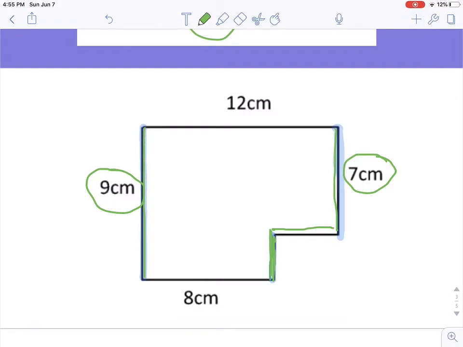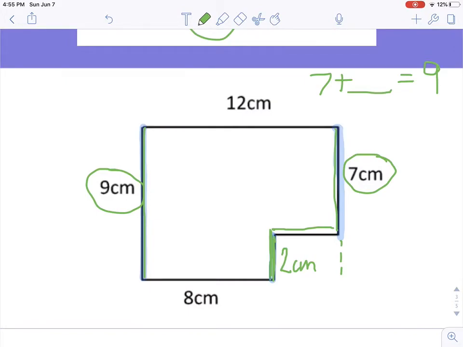So I'm really trying to figure out 7 plus what gives me the whole of 9. And it looks like if I add just a little bit more, I'm going to get that 9. 7 plus 2 gives me 9. So do you see what I did there? I highlighted the ones that were going the same direction.